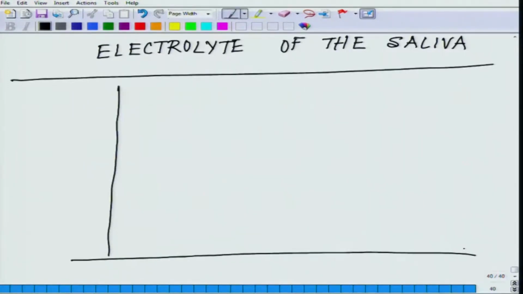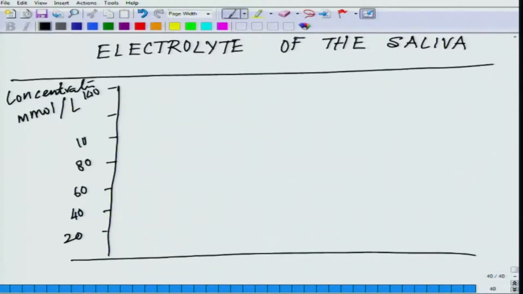So, the x axis will be the concentration, and that is millimole per liter. Let us put it like this: 20, 40, 60, 80, 100, 120, 140. Now, I will pick 4 different colors for 4 different ions.